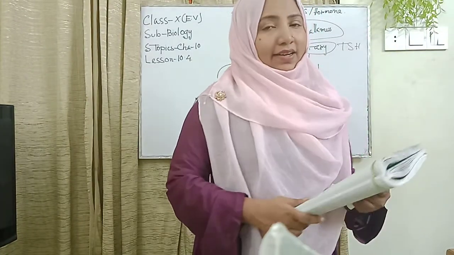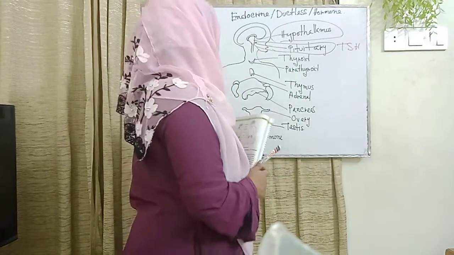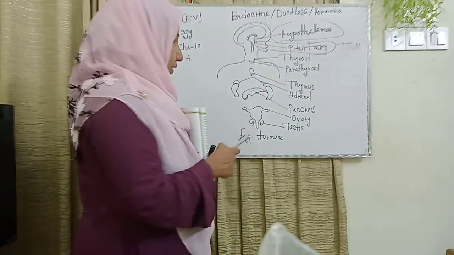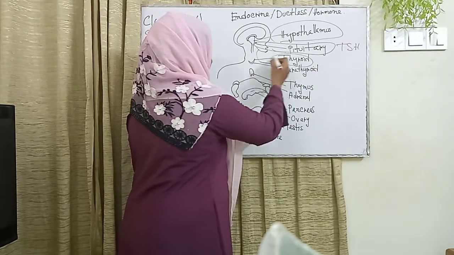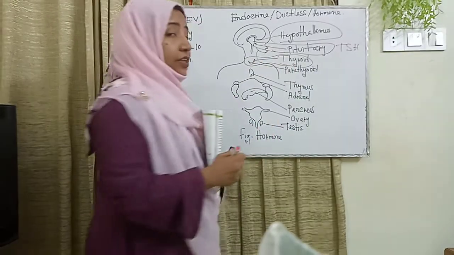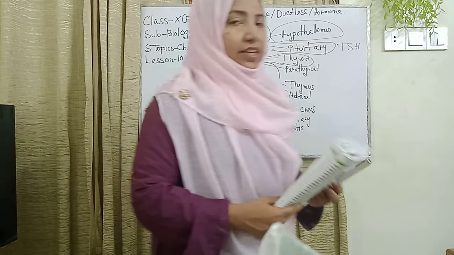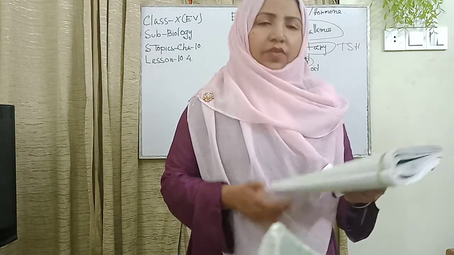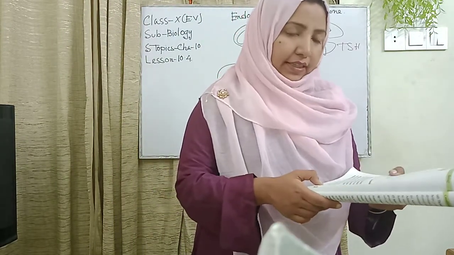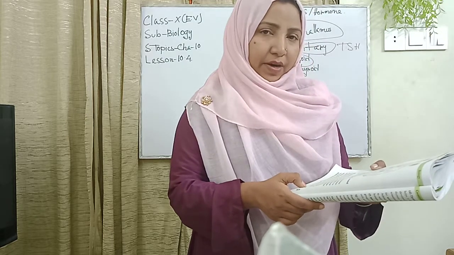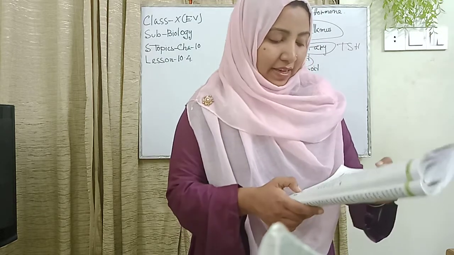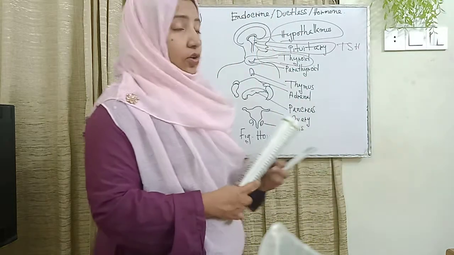The second gland is the thyroid gland. Here is the thyroid gland, and I mark its structure. The thyroid gland is situated at the upper part of the trachea. It produces thyroxine hormone.